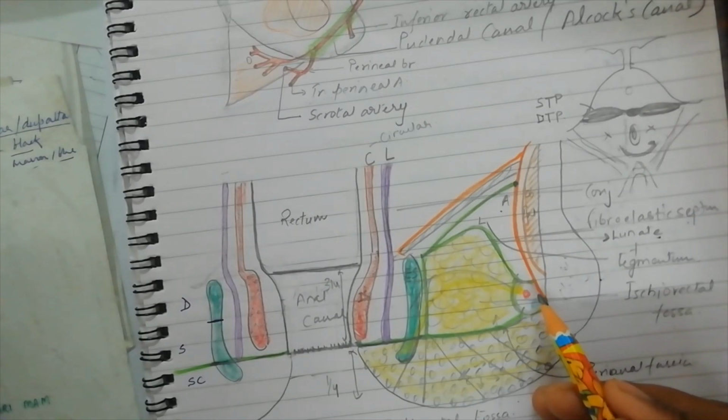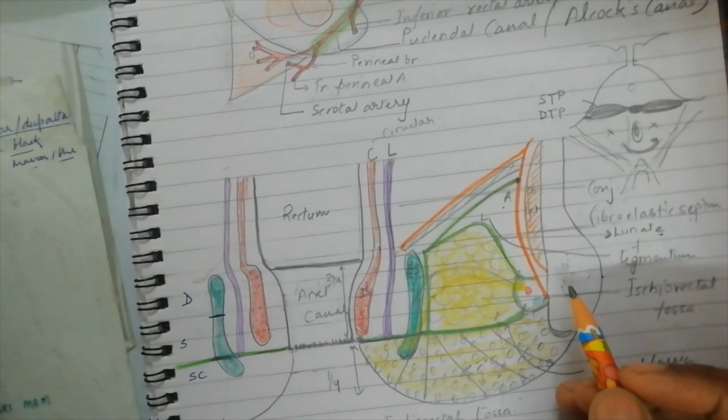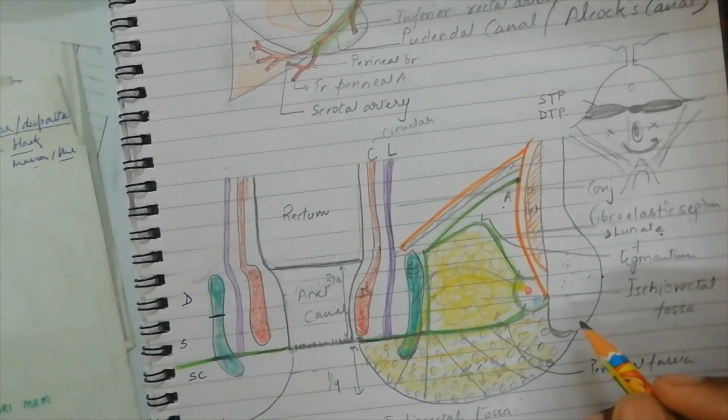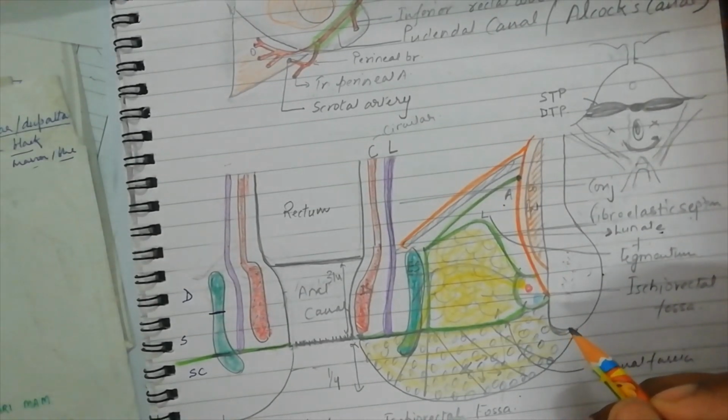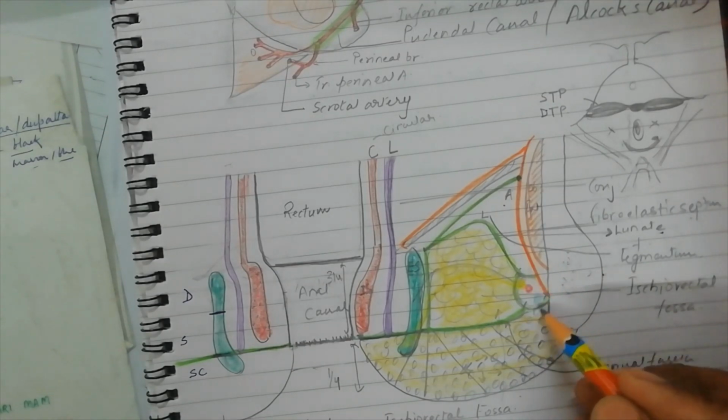Then there are other contents also, such as posterior scrotal vessels and perineal branch of the fourth sacral nerve, that is coming from the sacral plexus, and posterior scrotal nerve, that is a branch of the perineal nerve itself. So these are the main contents of the ischiorectal fossa.